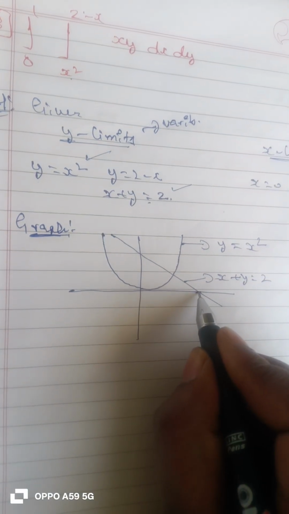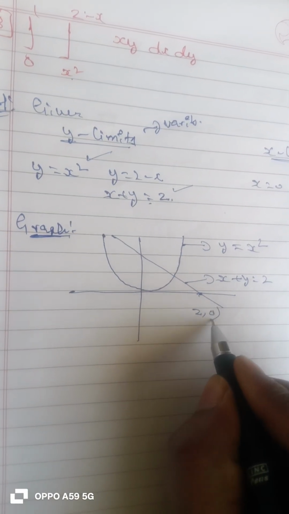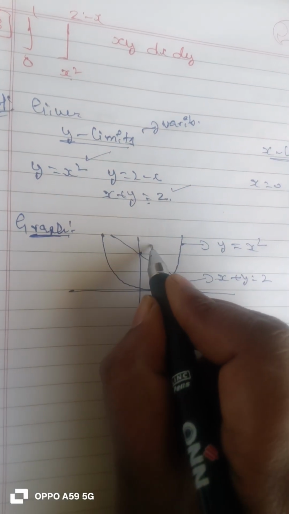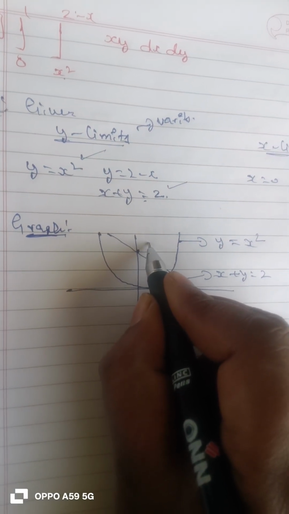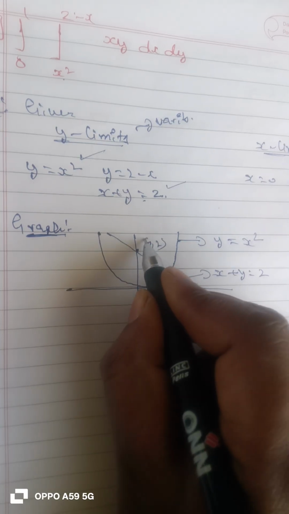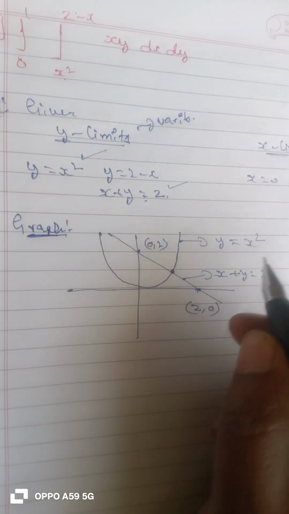It means this point will become x is 2, y is 0. Here this point will become x is 0, y will become 2. So this point we need to calculate.